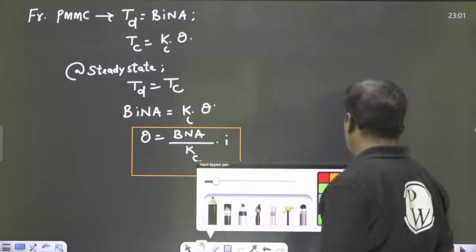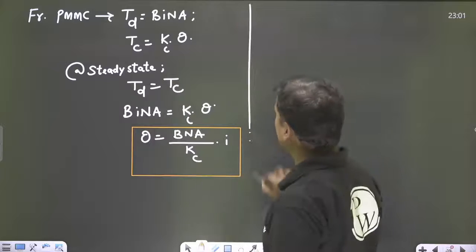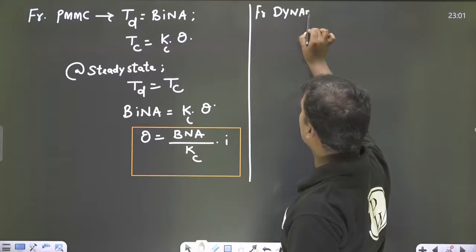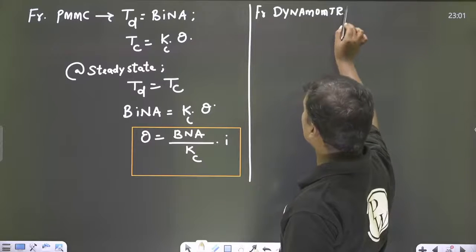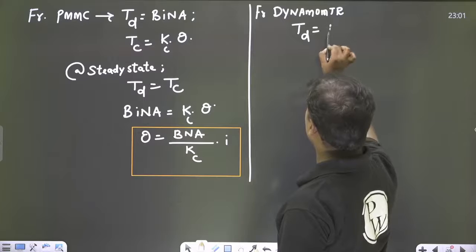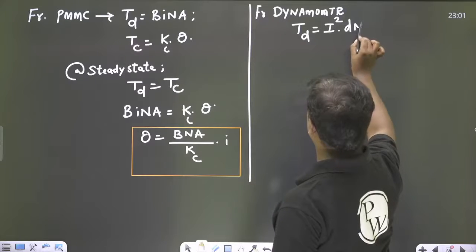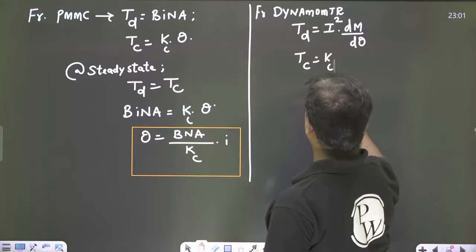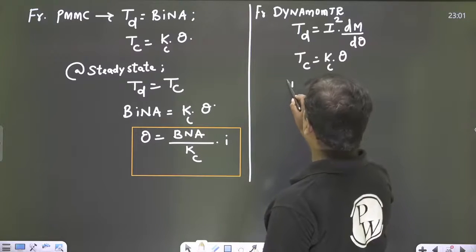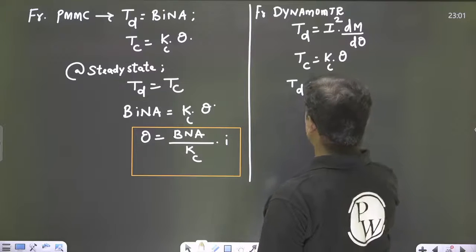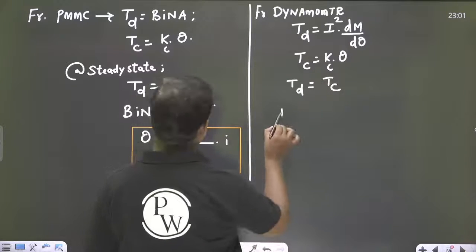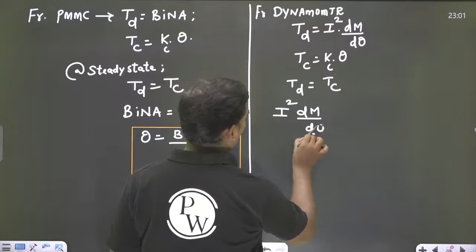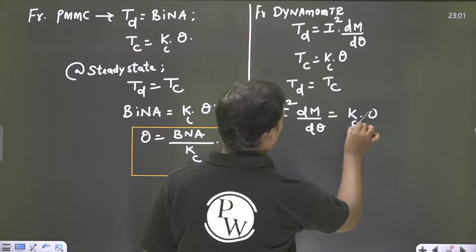Similarly, for dynamometer, next coming chapters we will get. For dynamometer, deflection torque is given as I square dM by d theta. Controlling torque is equal to Kc theta. So at Td equal to Tc, I square into dM by d theta equal to Kc theta.